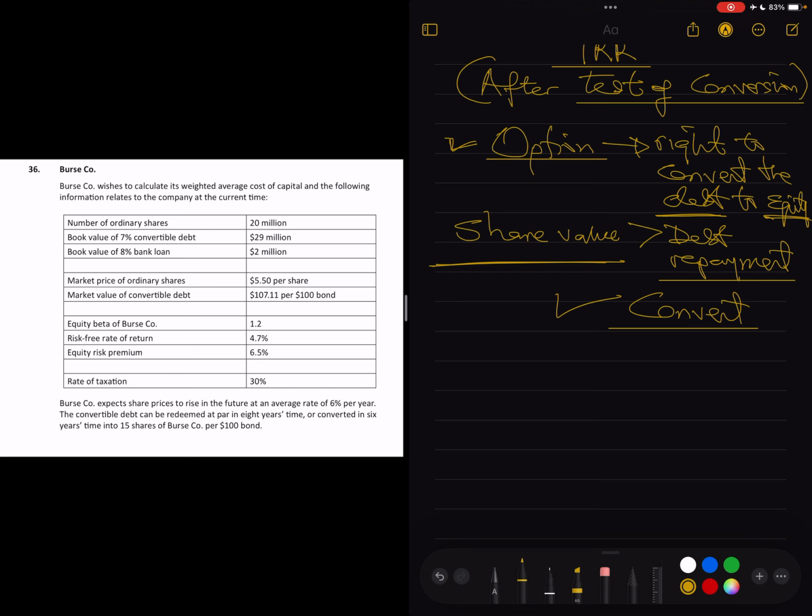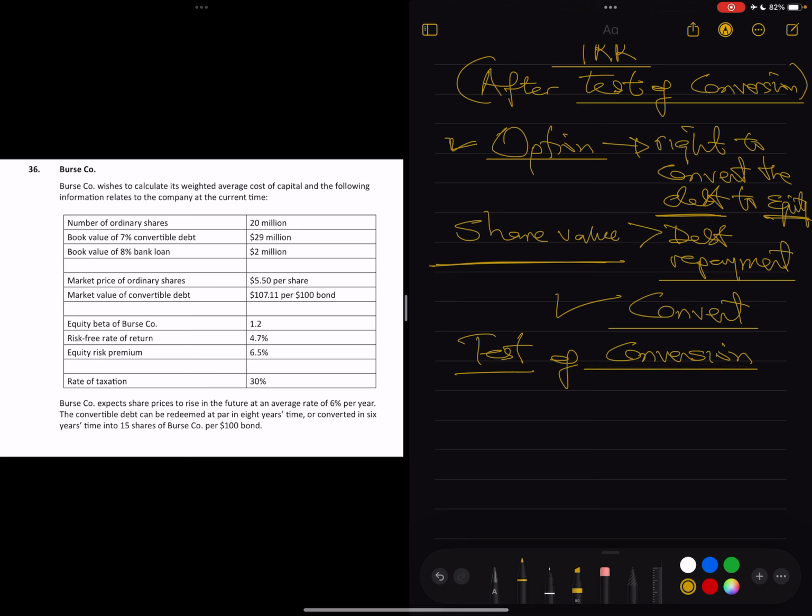So now what we want to calculate is IRR. But remember, before we calculate IRR, let's quickly do our test of conversion, so that we know at the end of the tenure of this loan, would there be a conversion?